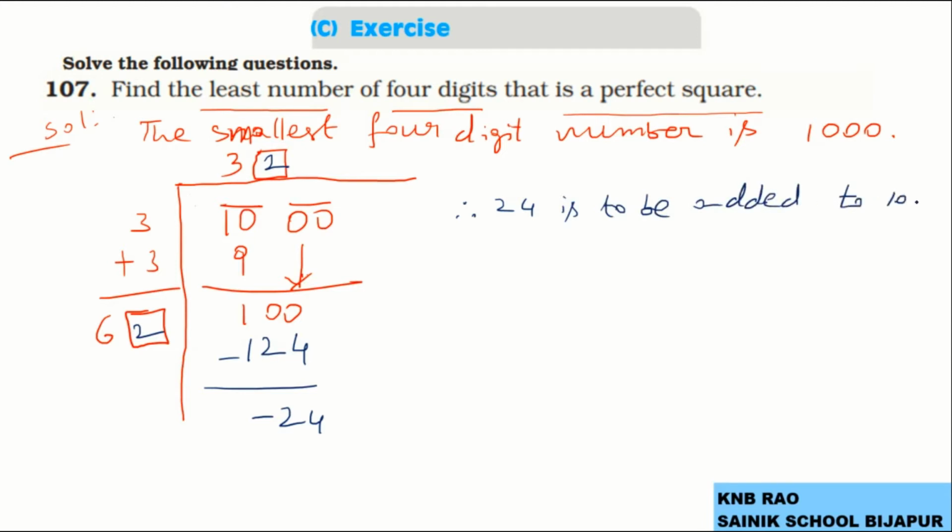Therefore 24 is to be added to 1000 to make it a perfect square.